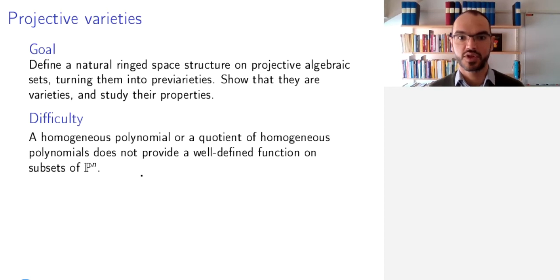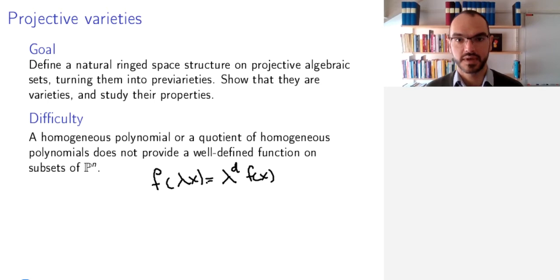So if I have a homogeneous polynomial f, I know that f of lambda x will be lambda to the power d times f of x, where d is the degree of homogeneity of f. And this is fine if I only use f to see where it is 0 or not, but it doesn't define any well-defined function, because in projective space we have identified lambda x and x for non-zero lambda.